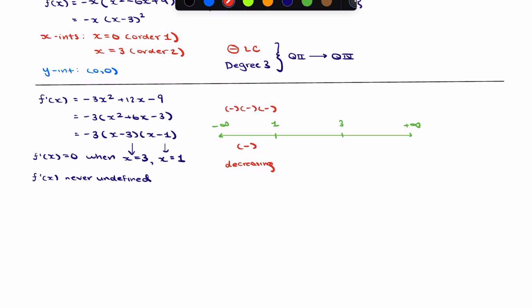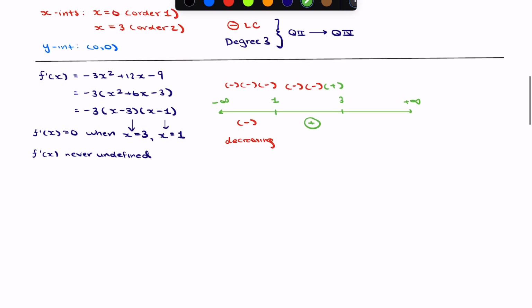Now let's sub in a value from 1 to 3. Let's say that's 2. So here, negative 3 is still negative. 2 minus 3 is negative, and 2 minus 1 here is positive. So negative times negative gives a positive, times a positive will give us a positive value here. So from 1 to 3, it is increasing.